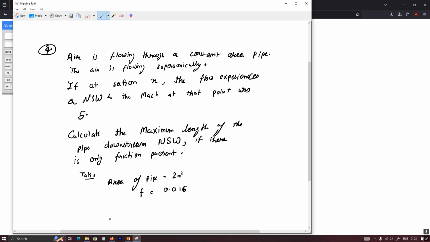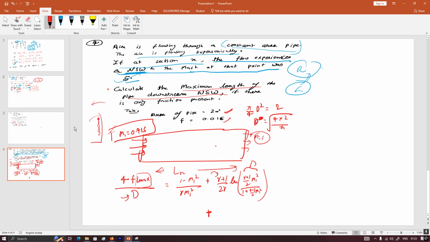This is in SI units, you should check that. So diameter is equal to 1.6 meter. Now I'll use the second pen, and first calculate this portion, then that portion.